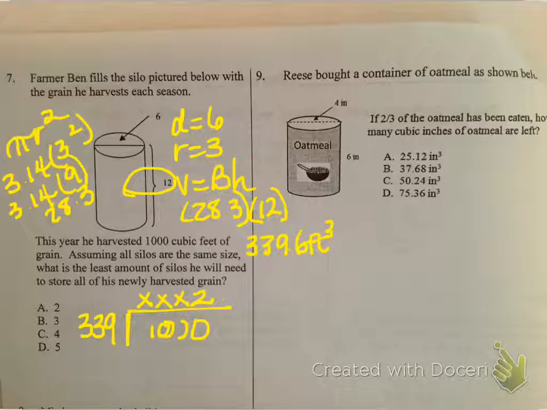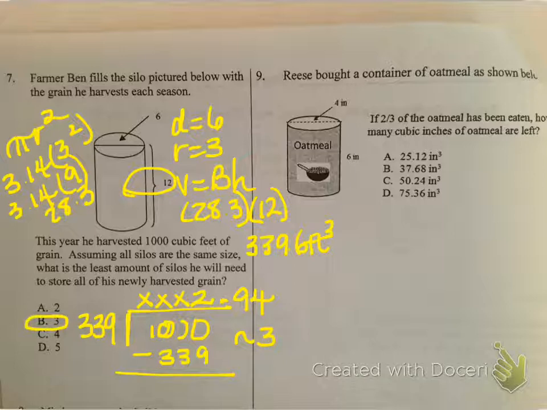And I can go ahead and put my decimal point there, and then I can go below 339 and subtract, and I can continue on, and I find out that it's going to be 2.94. Well, I can't get 2.94 silos, so I need about 3 silos. So the answer is B.